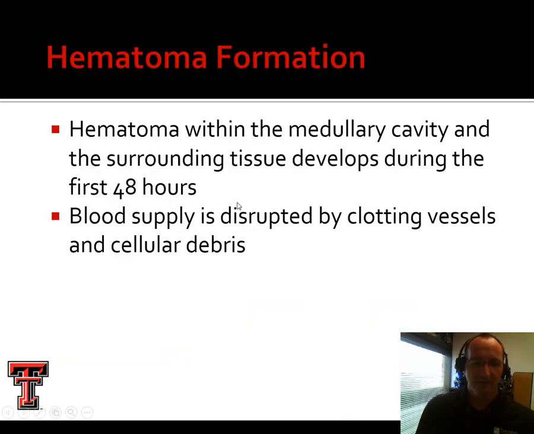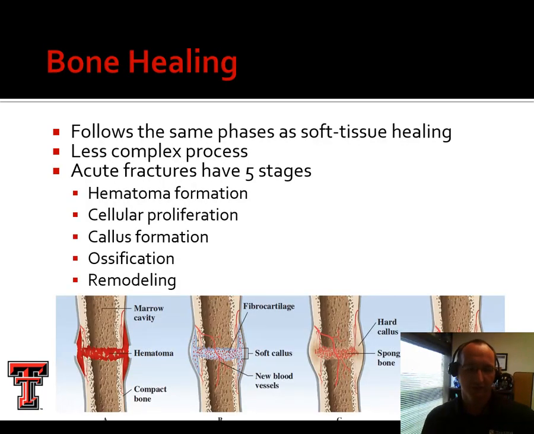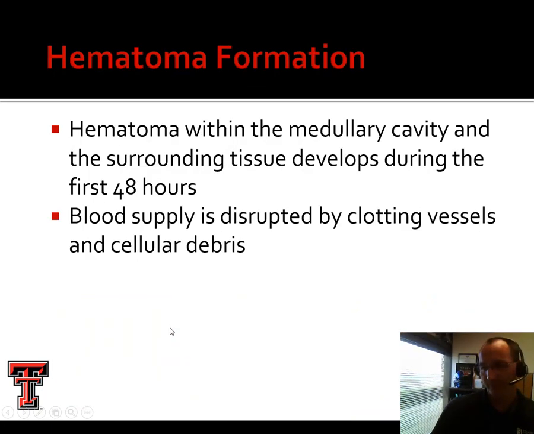So the first thing we have is this hematoma formation. So that medullary cavity, the surrounding tissue, starts this process within the first 48 hours, and we end up with a big disruption of blood supply in the area due to the clotting vessels, the cellular debris. So if you look at this picture, you see whether these are bone fragments or even on the microscopic level, tissue's been damaged here.